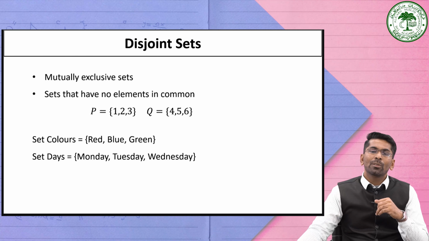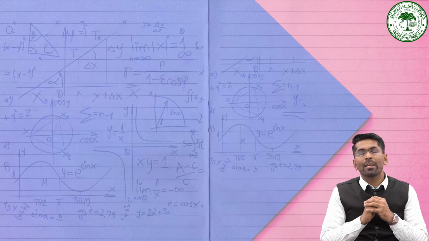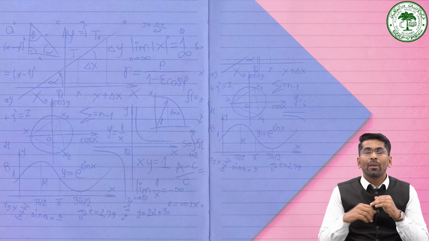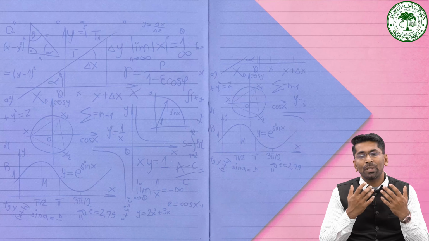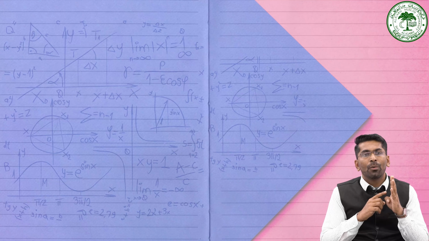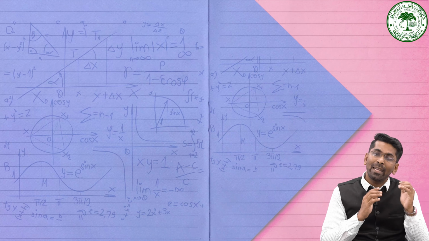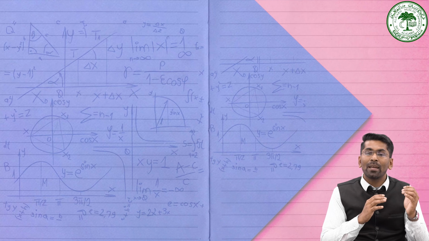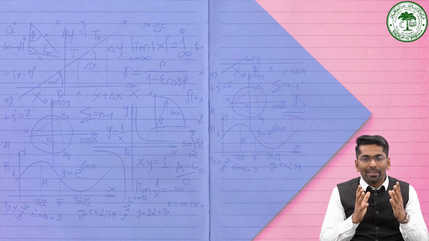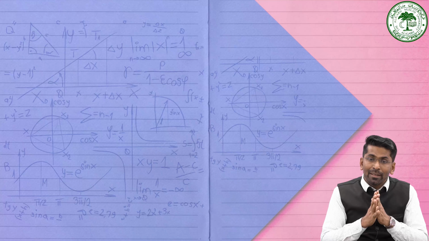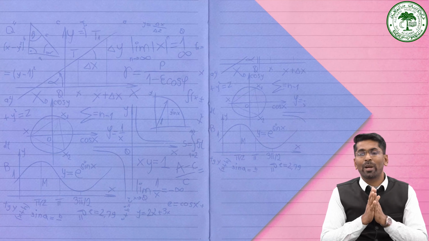So we are going to conclude this lecture here. In this lecture, we discussed the various types of sets, especially null sets, finite and infinite sets, equal sets and equivalent sets, subsets, supersets, proper sets and power sets, and finally the universal set and disjoint sets.